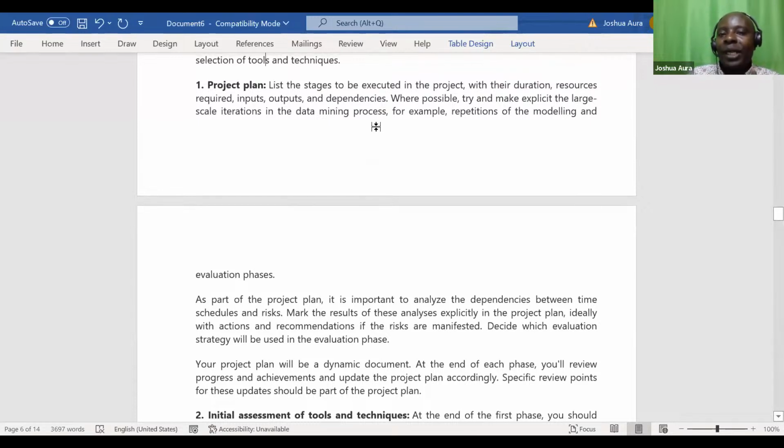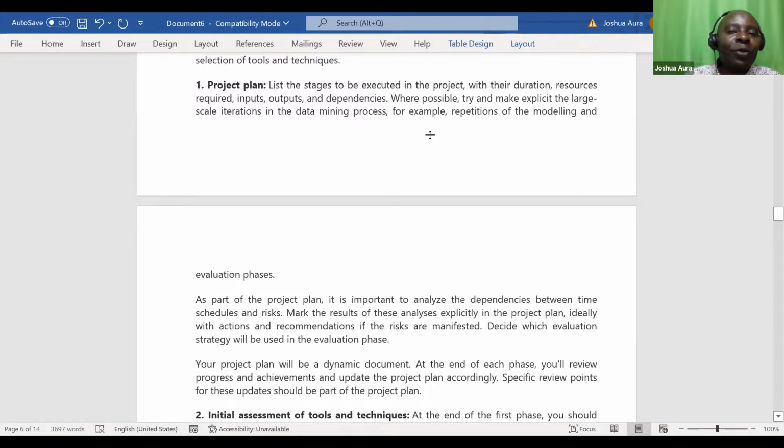List the stages to be executed in the project with their durations, the way we are drawing this particular network. Like in quantitative analysis, come up with the activities, give us their durations. If you would want to even draw a Gantt chart, resources required, inputs, outputs, and dependencies. Where possible, try and make explicit large-scale iterations.